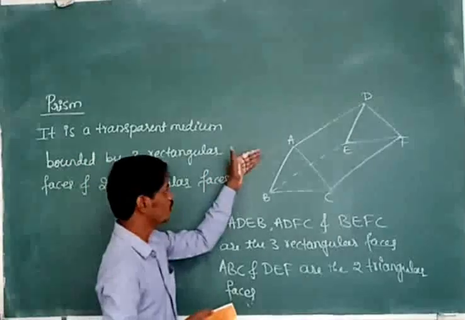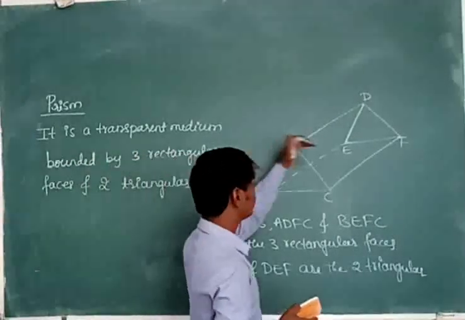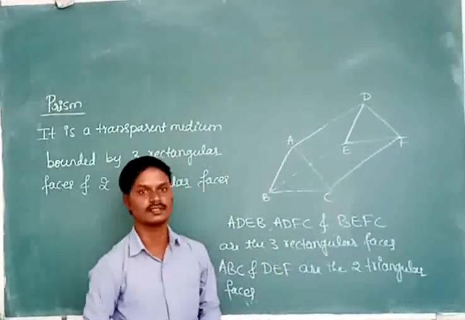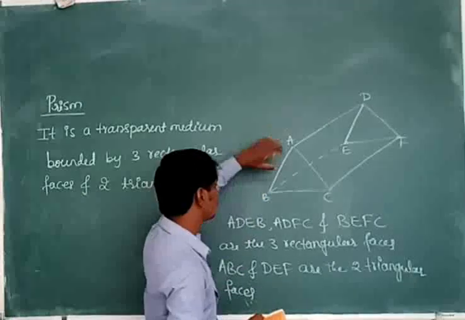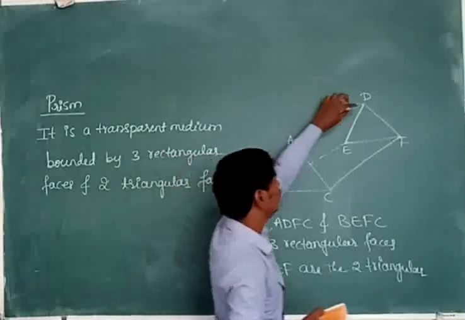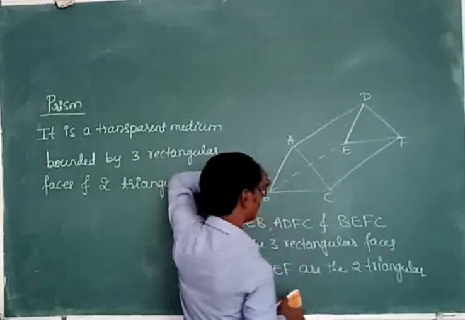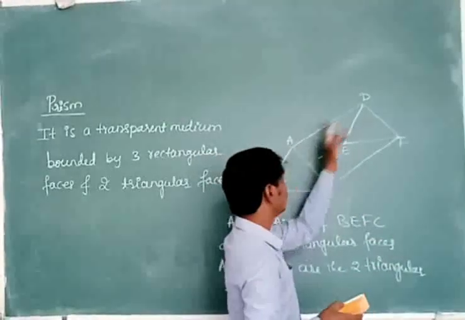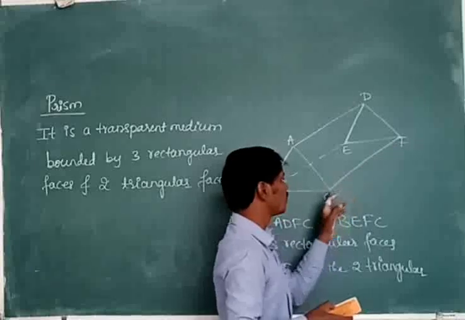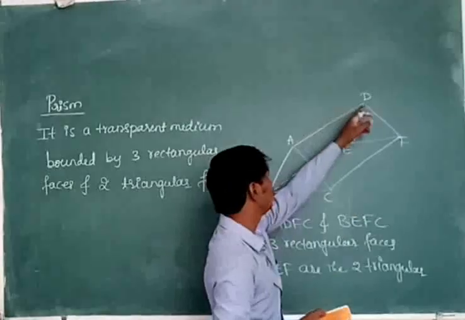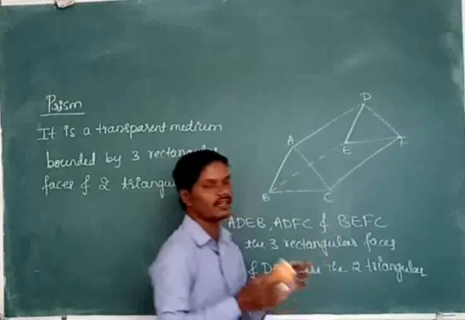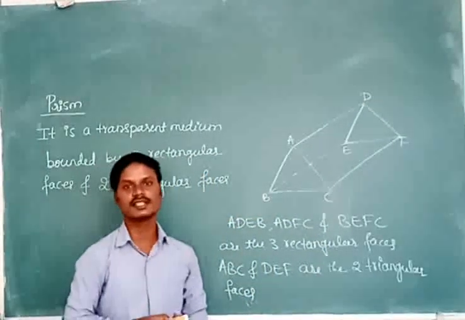The surface on which the light is incident and the surface from which the light emerges are called refracting surfaces. On which surface is the light incident here? A, D, E, B. From which surface does the light emerge? A, D, F, C. That is why A, D, E, B and A, D, F, C are called the 2 refracting surfaces.